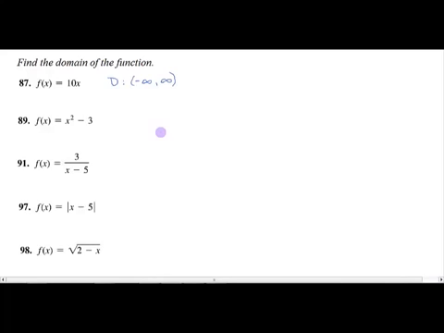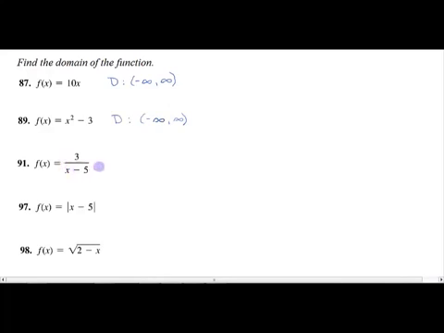We could put any x value in, and we'll always have something defined come out. When we have a function like this, still the domain is negative infinity to infinity. We don't have a denominator with x in it. We don't have an x under a square root, so the default domain is all real numbers.